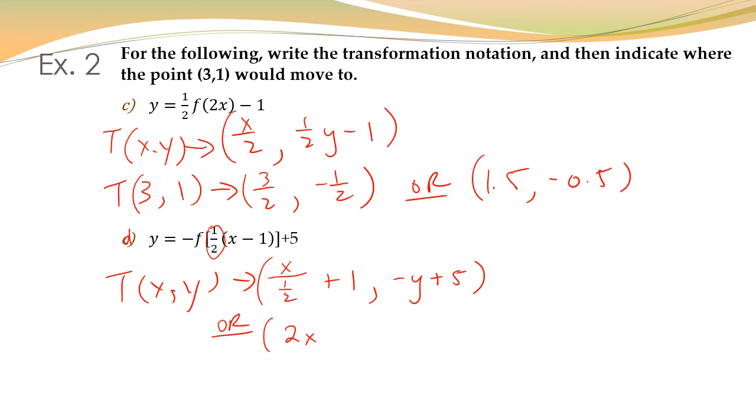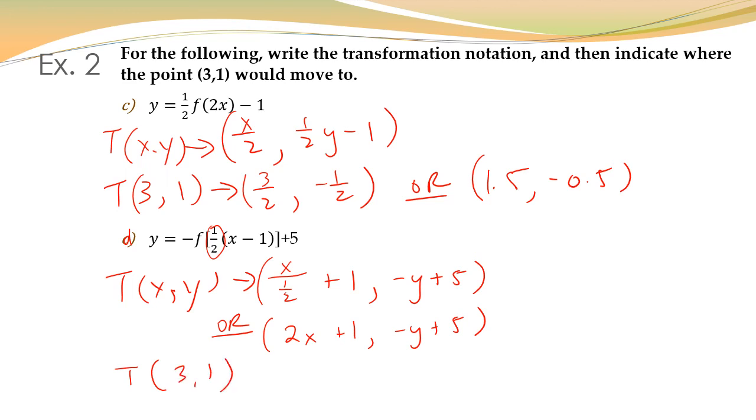And I told you x is kind of like the opposite. What's the opposite of dividing by 2? Multiplying by 2. And you just proved it to yourself, 1 divided by 1/2 is 2. So we could rewrite it like this. That's how I would write it, but if you like the x over 1/2 and then using your calculator, that's fine too.